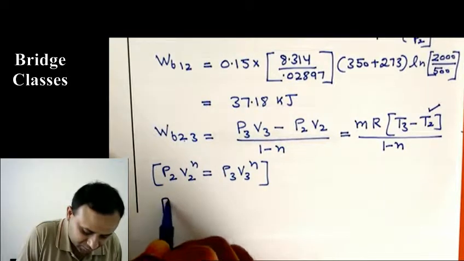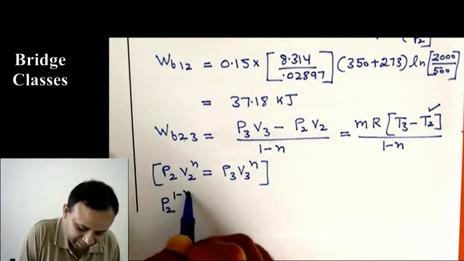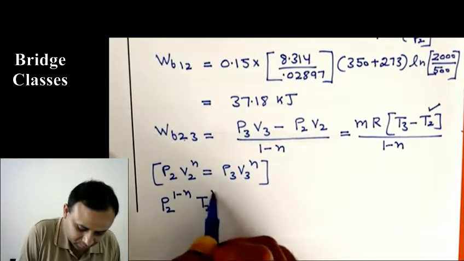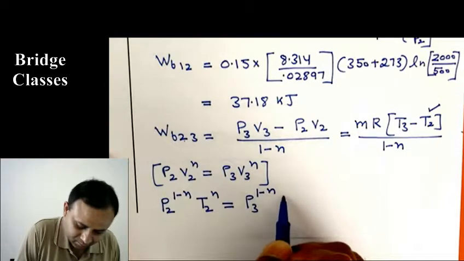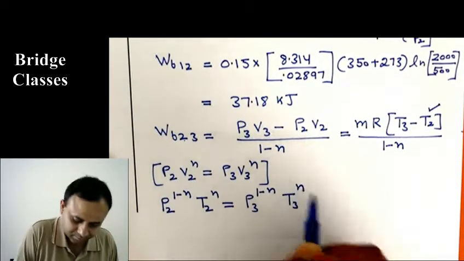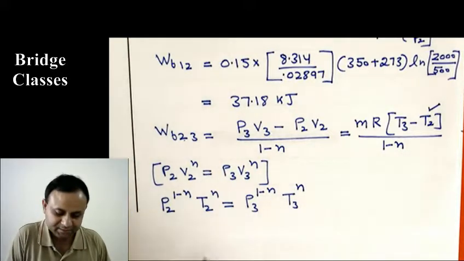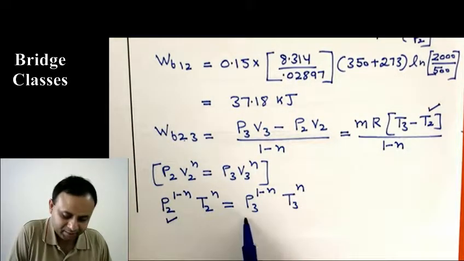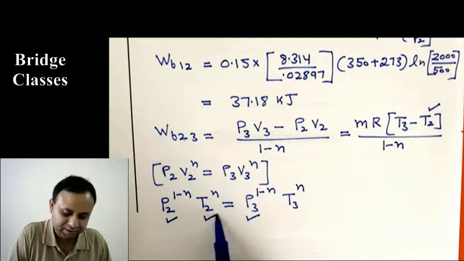That equation is P2^(1-n) T2^n = P3^(1-n) T3^n. Okay, we can use this equation. Now n is given and P2 and P3, those are available from the data that is given. And T2 is also available.